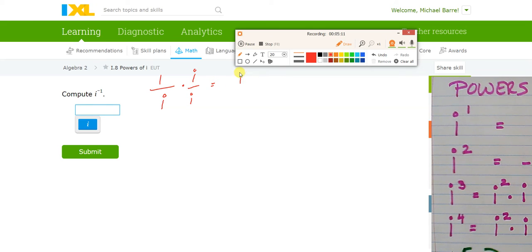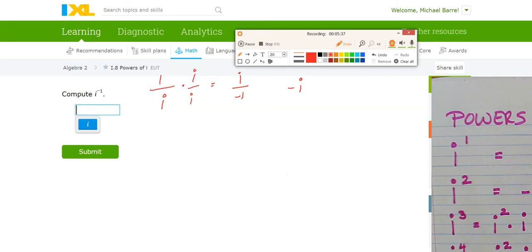That's going to become i over negative 1, which is negative i. i to the negative 1 is negative i. It's just like a third power.